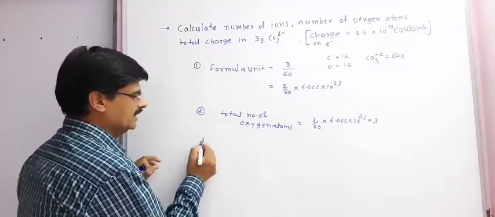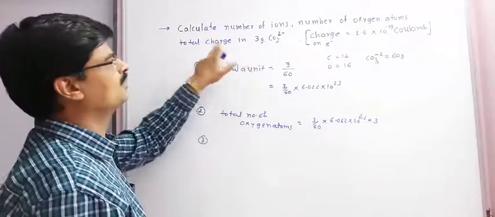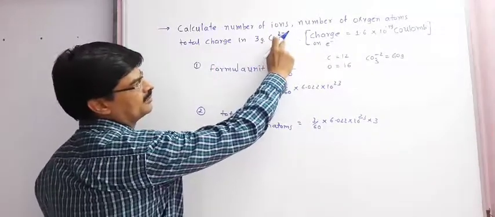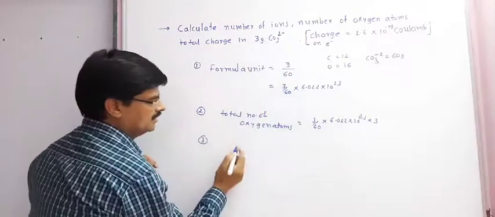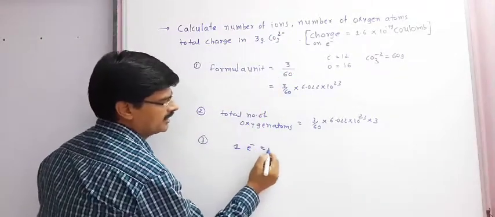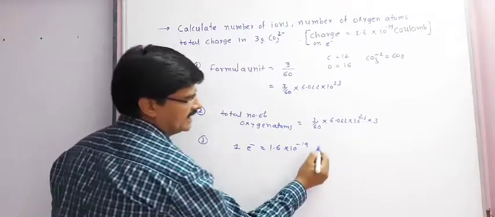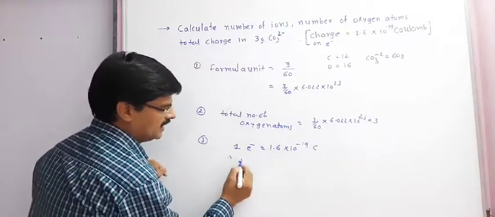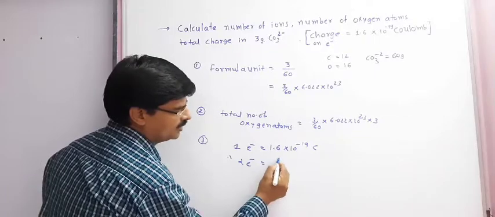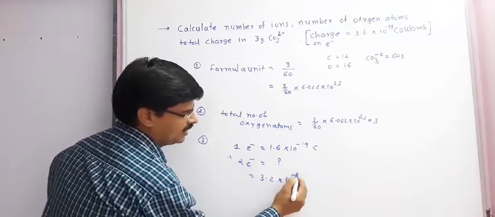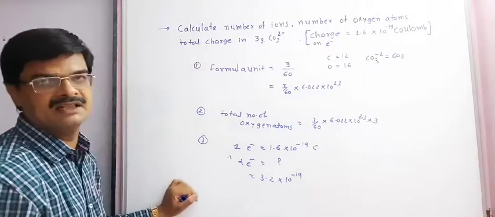In the same way, we can also find out the total charge. Here, the carbonate ion has a 2- charge. So 1 electron is equal to 1.6 into 10 raised to -19 coulomb charge. Therefore, 2 electrons is equal to what? So we will get 3.2 into 10 raised to -19.